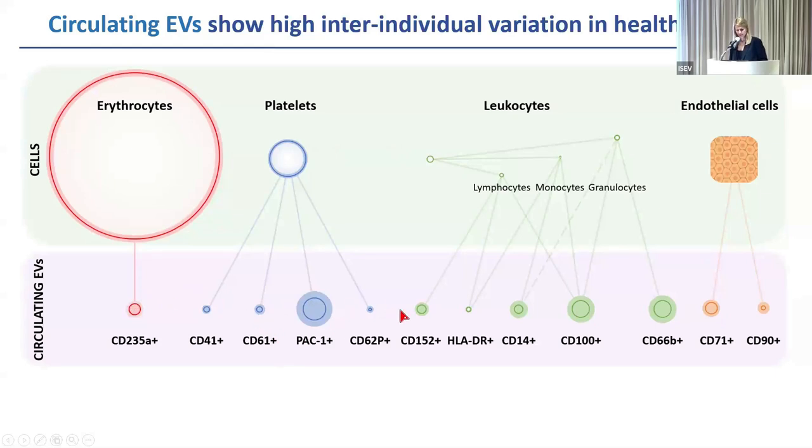Again, we use a similar representation: the size of the circle with full line is indicative of concentration, and the shadow is indicative of the CV for this specific EV subpopulation or subset. From these different sizes, you can immediately observe that there were a lot of different ranges of concentrations for different EV subsets.